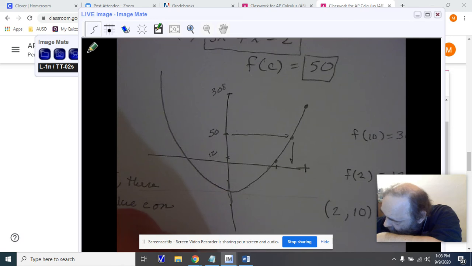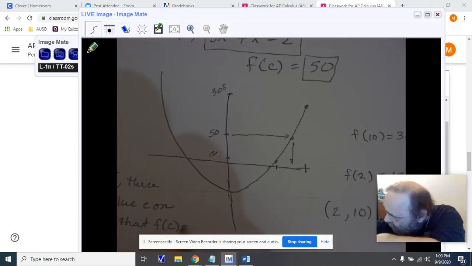Use brackets, such that f of c equals 50.